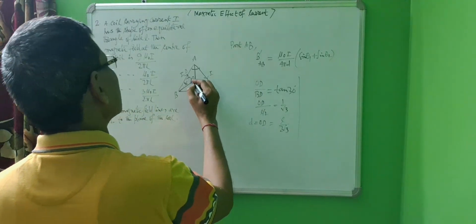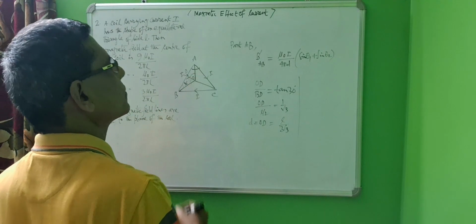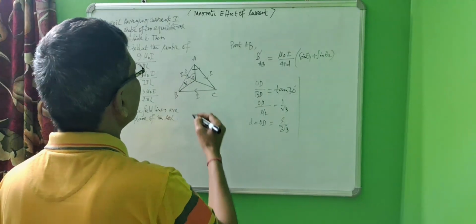Now theta 1 equals 60 degree, theta 2 also equals 60 degree.